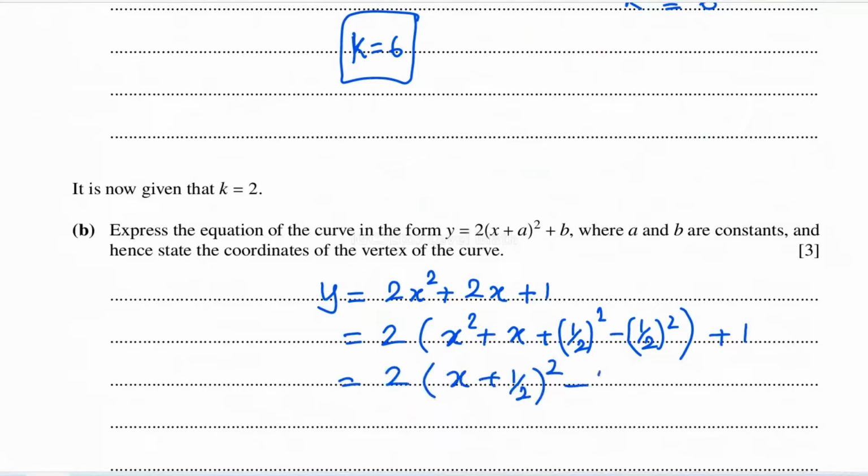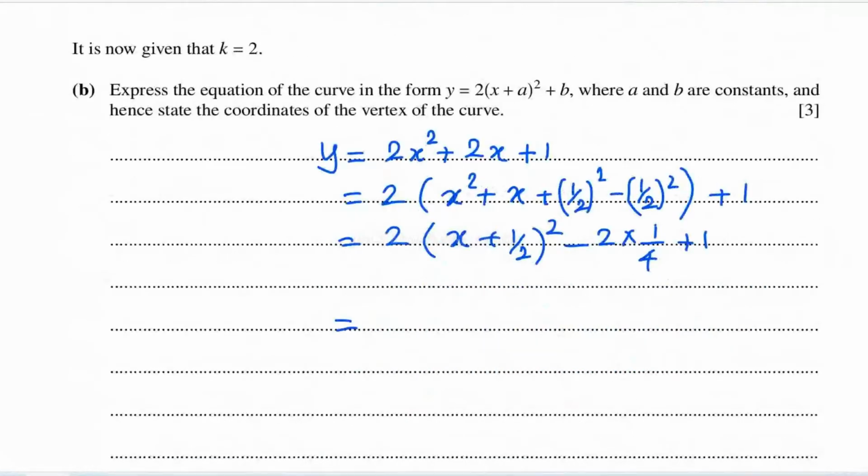So 2 multiplied by x plus 1 over 2 the whole square minus 2 multiplied by 1 over 4 gives negative 1 over 2, plus 1 is positive 1 over 2. So here the values of a and b are 1 over 2 and 1 over 2.